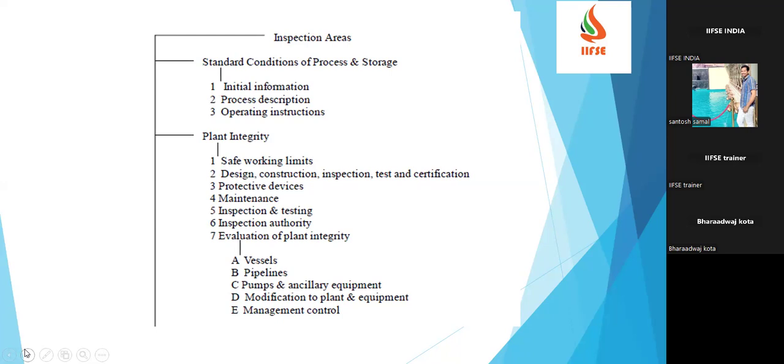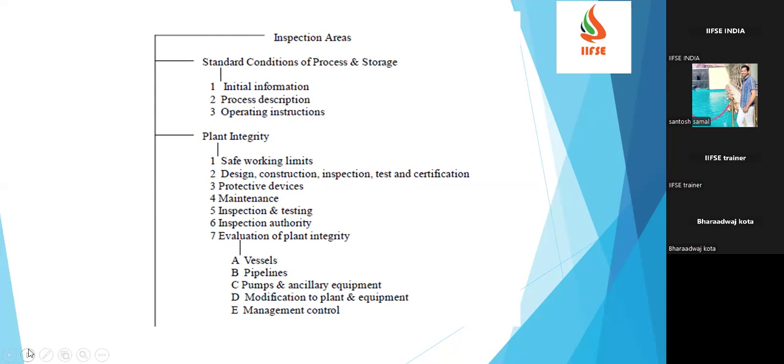For example, if I use a reactor which is designed for a working pressure of 6 bar, but they are using up to 7 bar, that is not its limit. Its limit is only 6 bar or 6 kg per square centimeter.